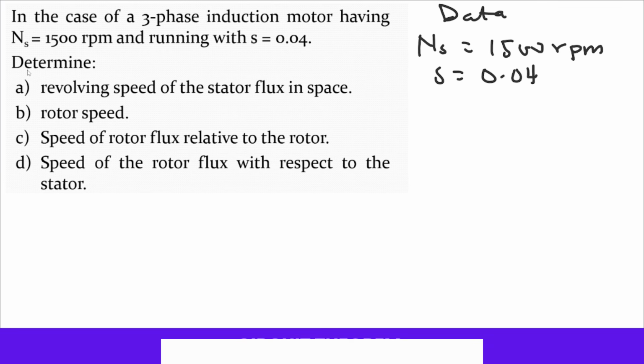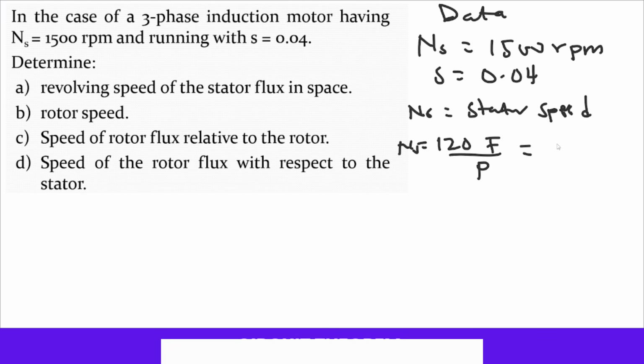The question says we should determine the revolving speed of the stator flux in space. We have already established that in the case of an induction motor, the synchronous speed is the same as the stator speed. The synchronous speed is given by 120f over p, which will also be the same as the stator speed.